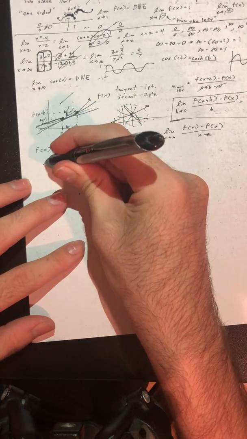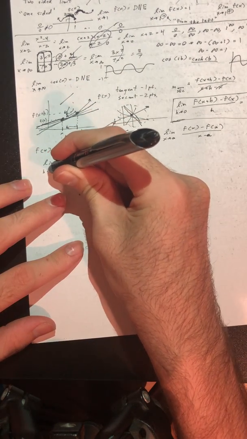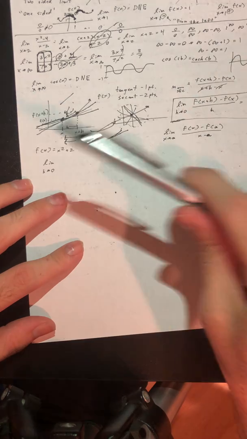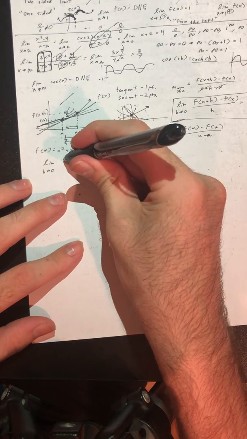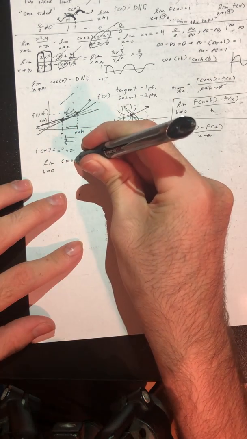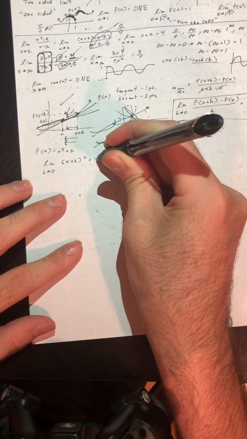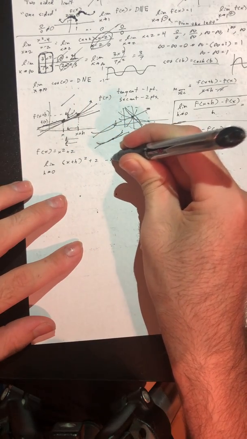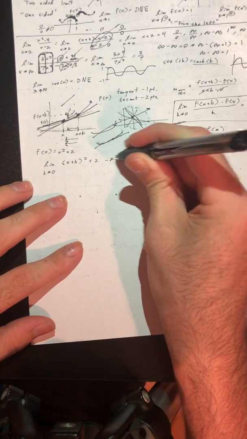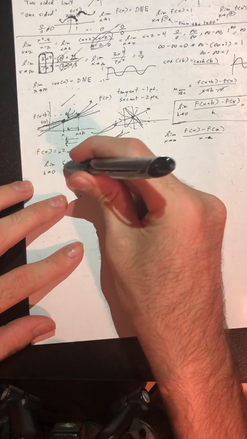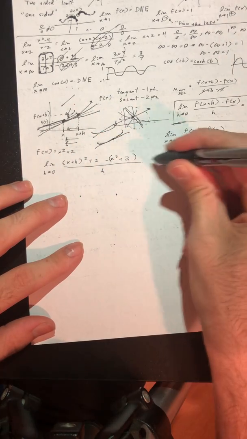Okay, so now this is the limit as h goes to 0 of f of x plus h. Well, what is f of x plus h? You let x be x plus h, so you get (x plus h) squared plus 2, minus (x squared plus 2), and that's in parentheses, over h.